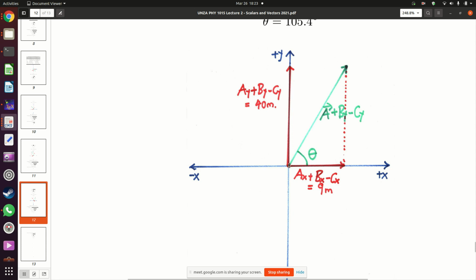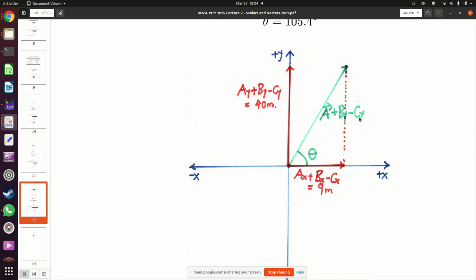Then along the y-axis, that is AY plus BY minus CY, that is 40 meters, it is also positive. So we get this Y component, we shift it, we put it at the end of the X component, that's the dotted line there. So if we move from here, we move along the x-axis, then we move along the y component, we end up at that particular point there. That point is the same as this green line. This green line is what represents A plus B minus C.